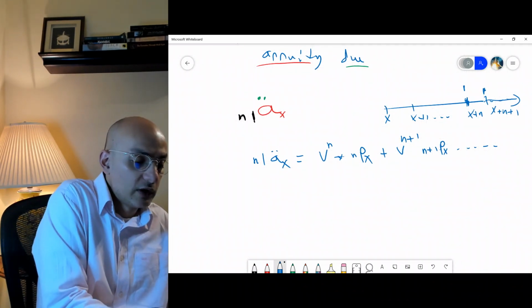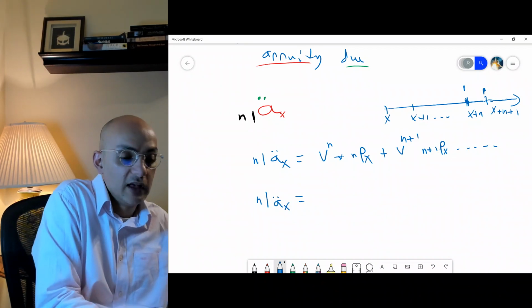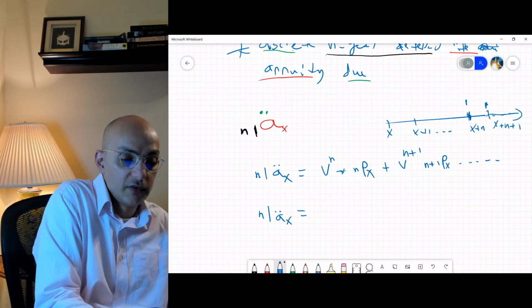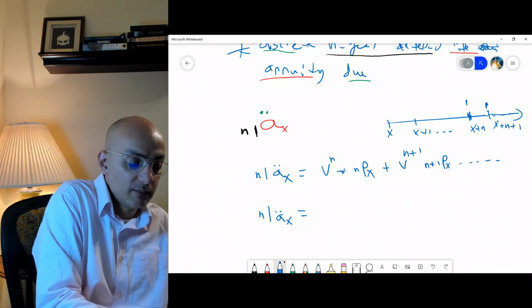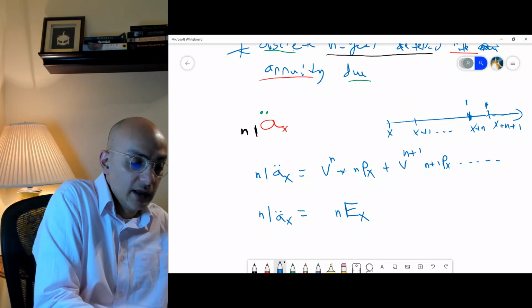But this can also be written as nax. This can also be written, instead of bringing each one back, as you can think about it as nEx, then ax plus 1.